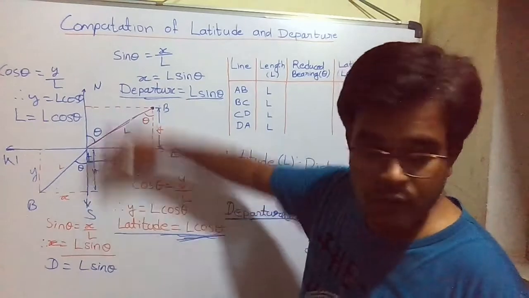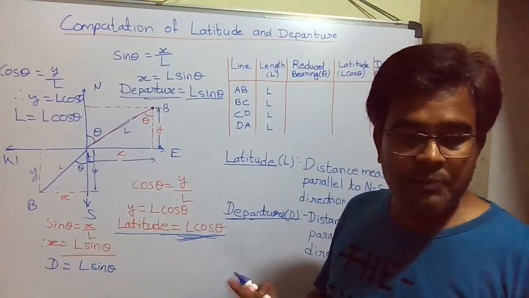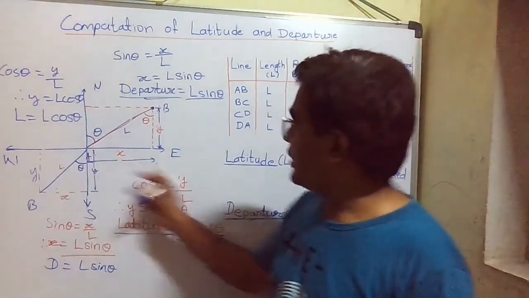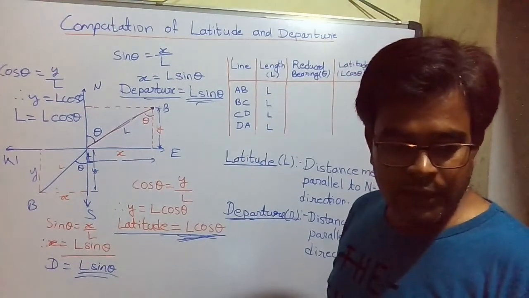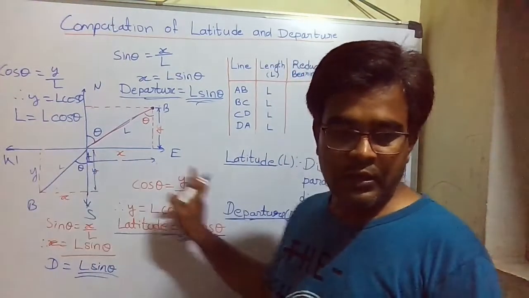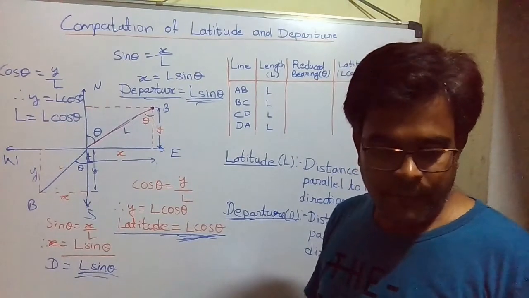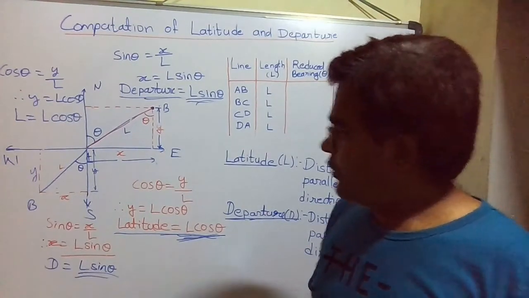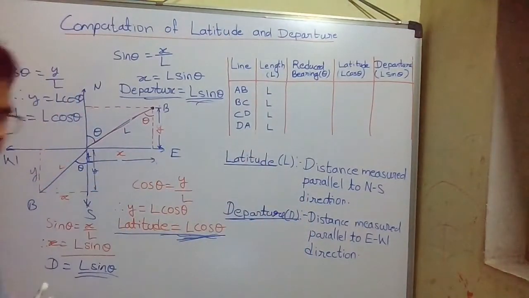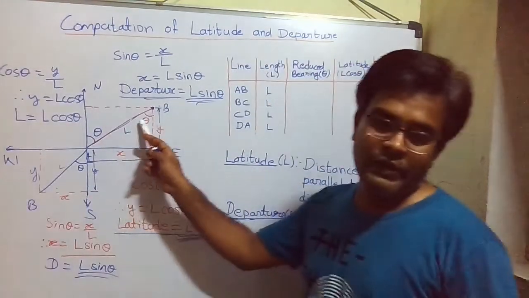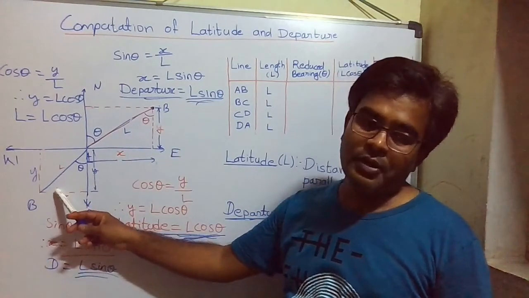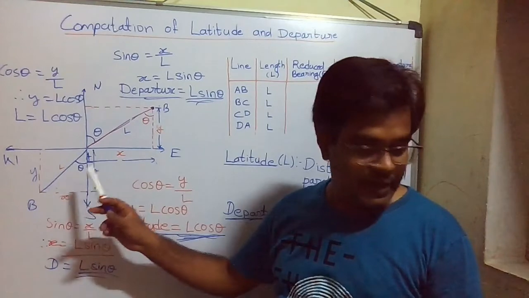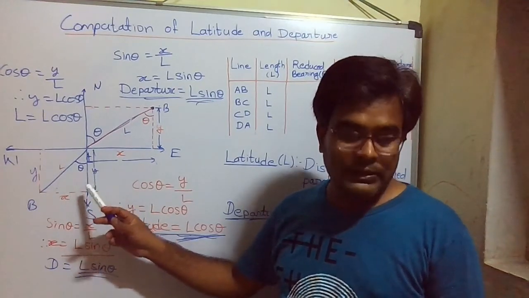And departure is always L sin theta, and this is always parallel to the east-west direction. Now you have seen that if the line is in this quadrant, latitude is L cos theta and departure is L sin theta.